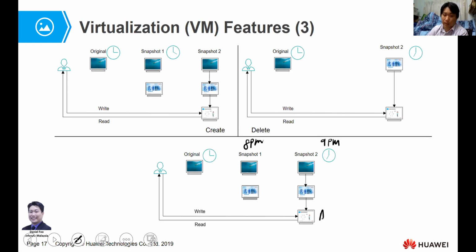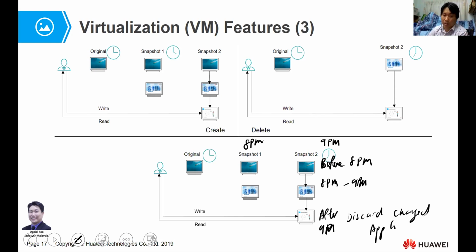So this one is after 9 p.m., this one will be the 8 p.m. to 9 p.m. state, and this one will be before 8 p.m. What we do when we resume or restore, which I showed yesterday, is discard the changes, because maybe you have some application corruption, for example.